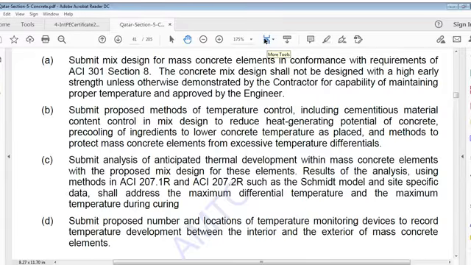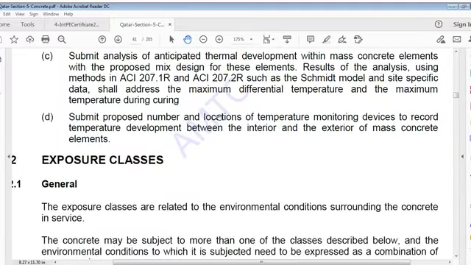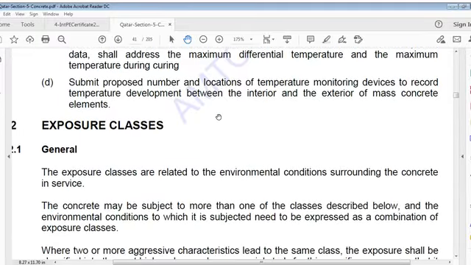Results of analysis using methods ACI 207.1R, ACI 207.2R, and schematics model and site specific data shall address maximum differential temperature and maximum temperature during curing.